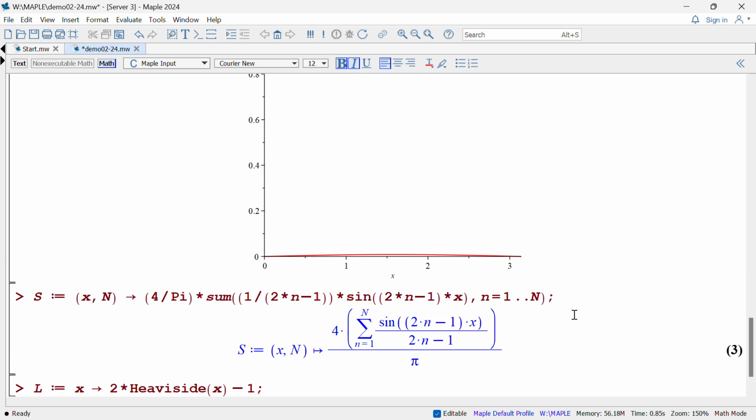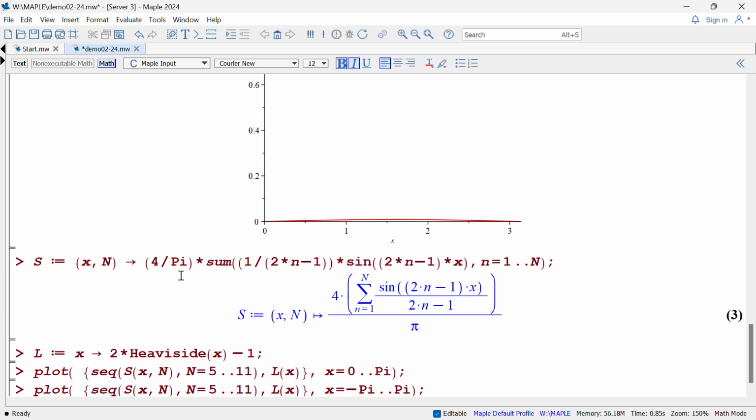And I want to graph the Heaviside function on the same graph. The Heaviside function is 0 to the left of the origin and 1 to the right. So our function that's minus 1 to the left and plus 1 to the right is 2 times the Heaviside function minus 1.